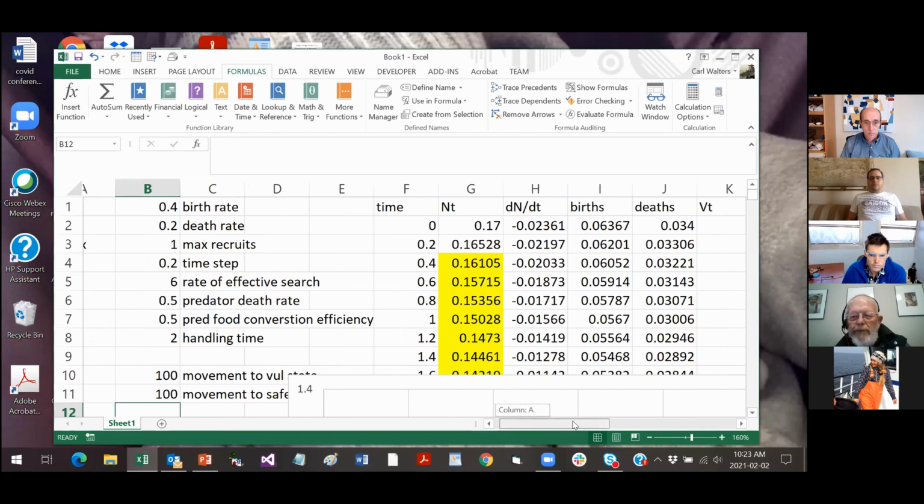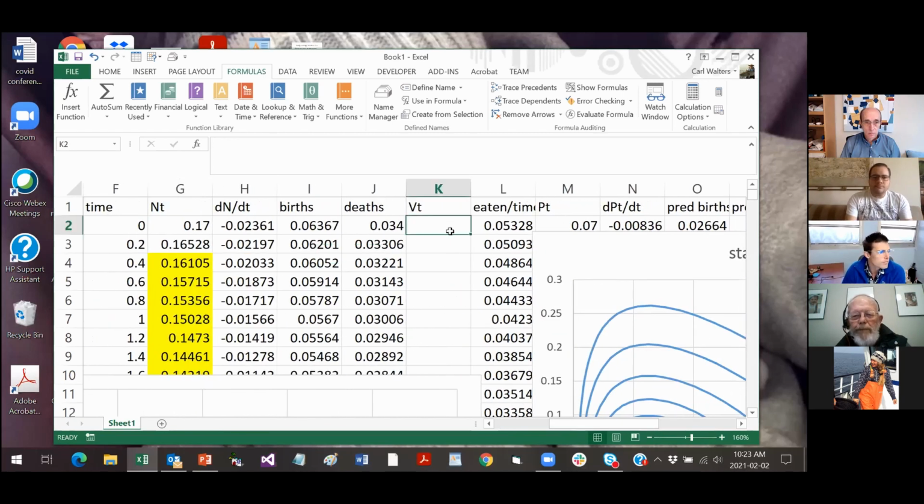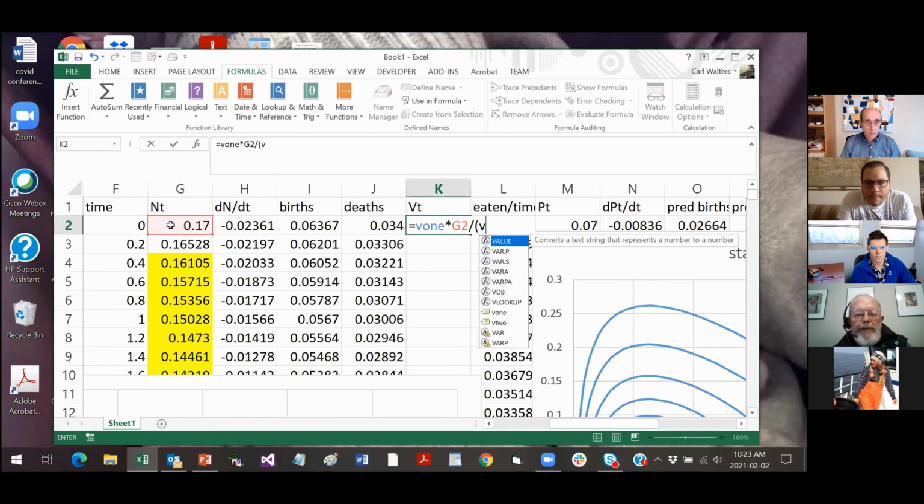The foraging arena equation for vulnerable numbers says that vulnerable numbers should be equal to V1 times prey numbers divided by V1 plus V2 plus the base predation rate AP times the predator numbers, M2.